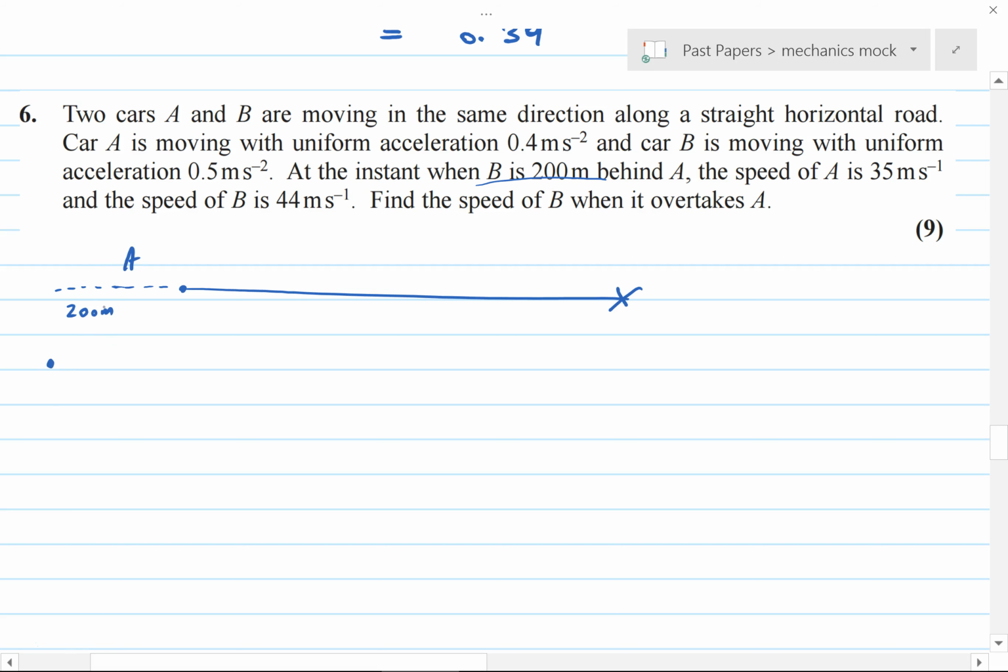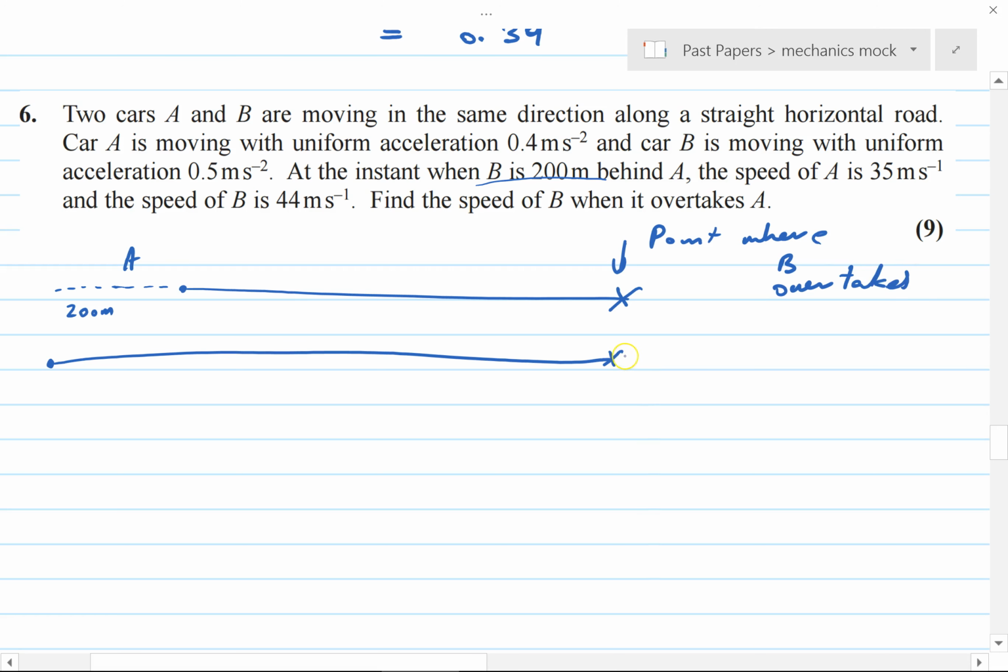So this is A, and this is B, and this is the point where B overtakes. Here, and what's the speed here? Obviously we don't know what the distance is, but if we call it x, then this one is x plus 200.